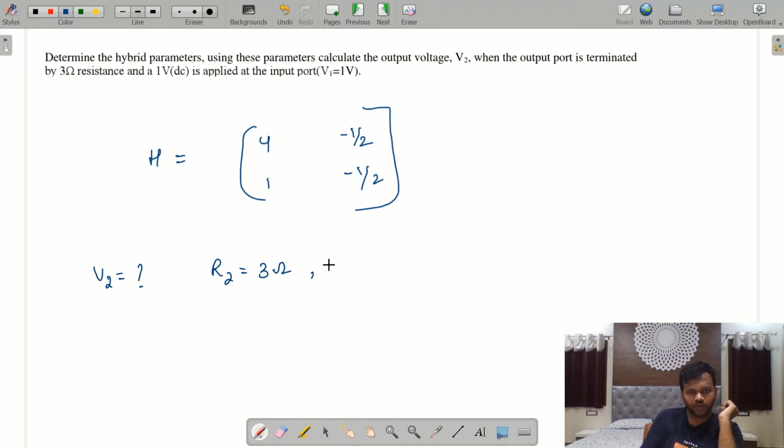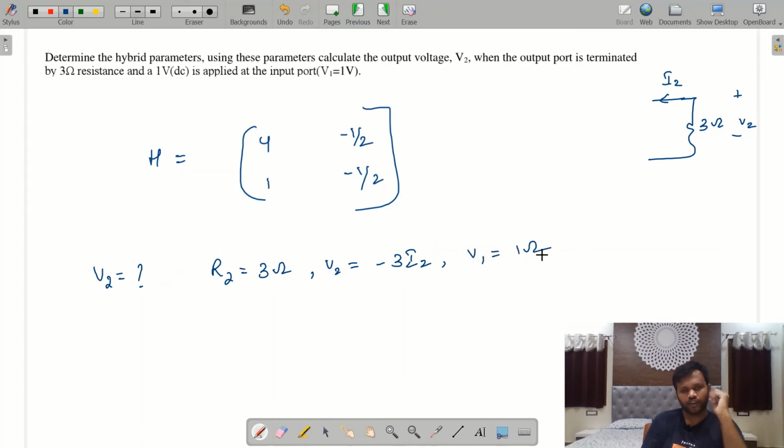As the current flows in this direction through the 3 ohm resistance, V2 will be equal to minus 3 into I2, and V1 will be equal to 1 volt. These are the things given in the question, and they were asking to find the value of V2.